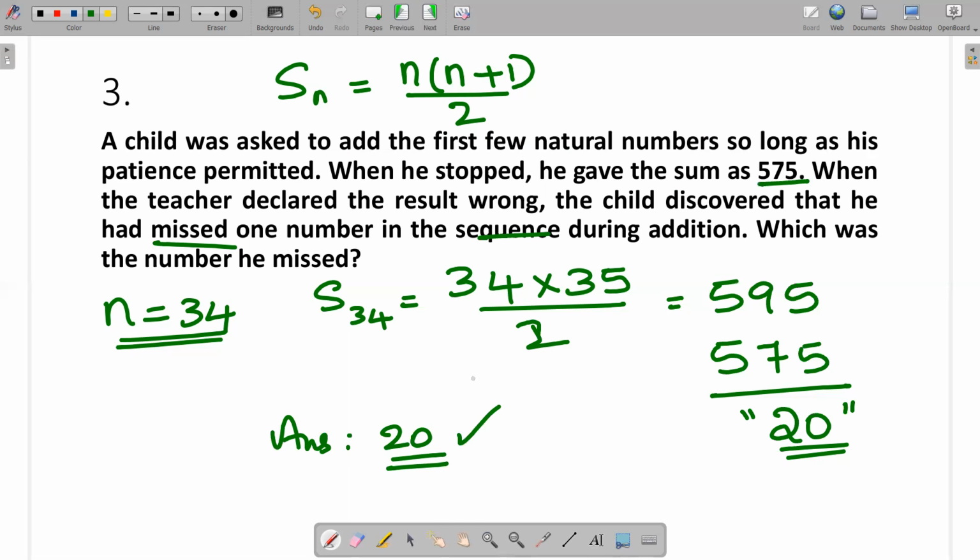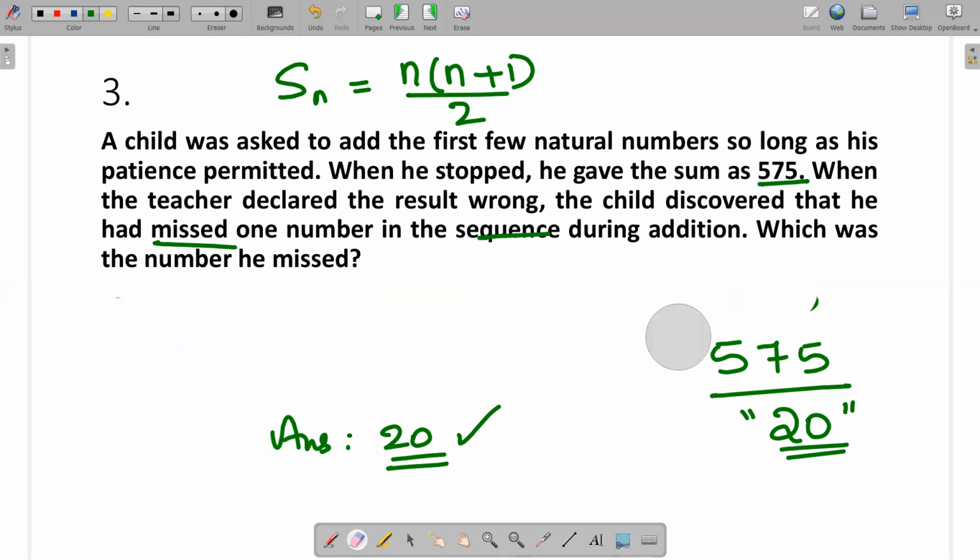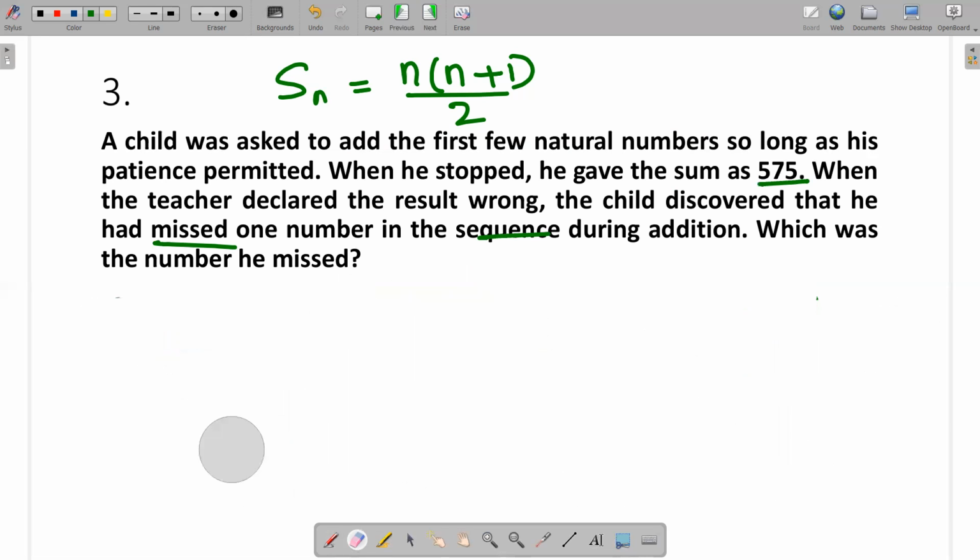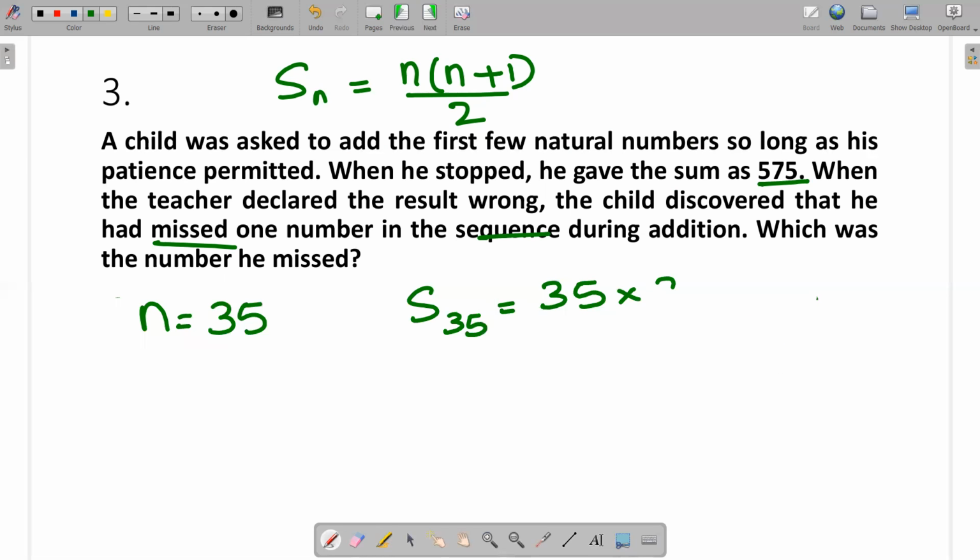Now, just for your information, I will show you why it is not some other number. If I consider the number of terms, say 35, suppose n is equal to 35, then I have the sum of first 35 natural numbers, that is equal to 35 into 36 divided by 2.